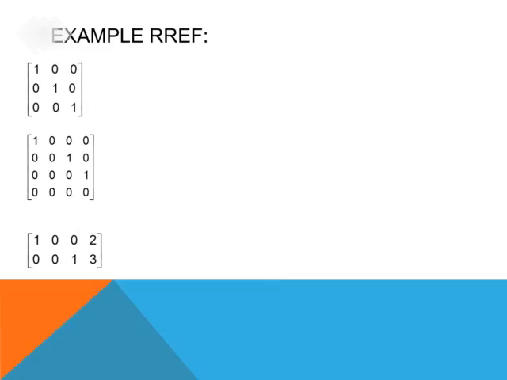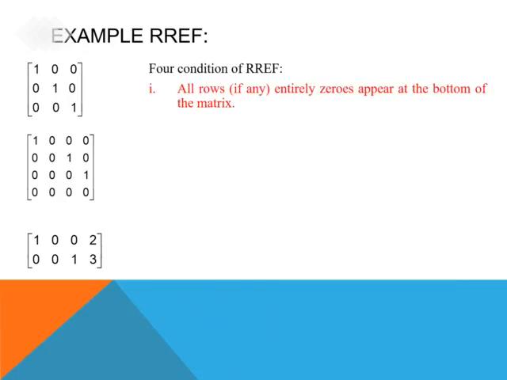Okay, this is the matrix for RREF. Condition number 1 is all rows with entirely zeros, so 0, 0, 0, 0, 0 like this one must be at the bottom. So matrix number 1 and matrix number 3 don't have condition number 1, it's okay.